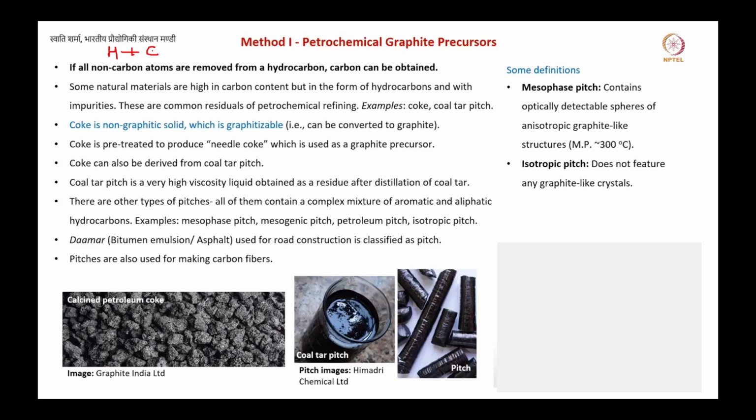Hydrocarbon is nothing but a composition where both hydrogen and carbon are present. So carbon can be obtained by removing the non-carbon atoms. Some natural materials are high in carbon content, but in the form of hydrocarbons and with impurities. These are common residuals of petrochemical refining. Examples: coal, coal tar pitch.